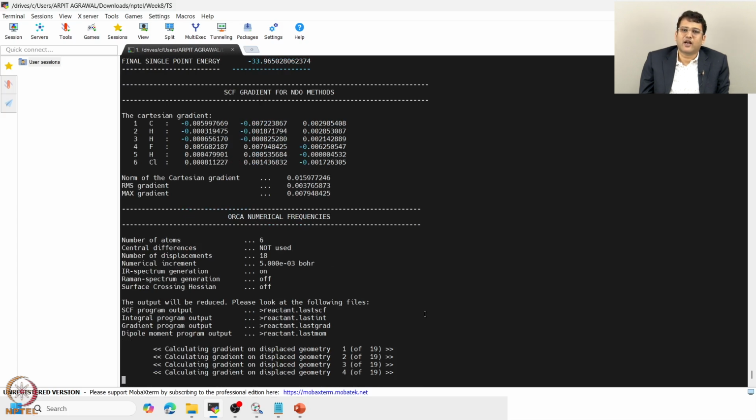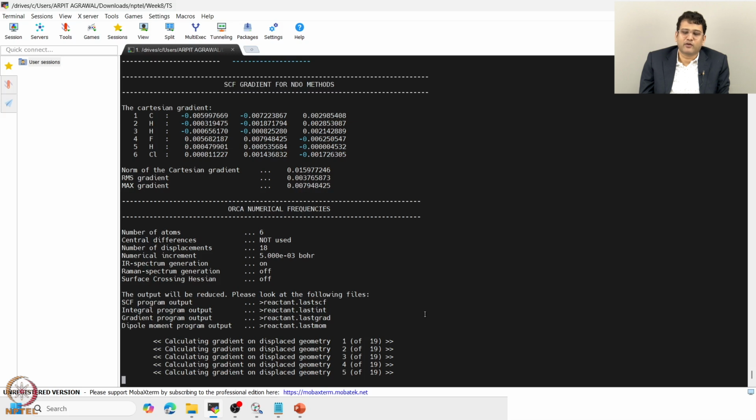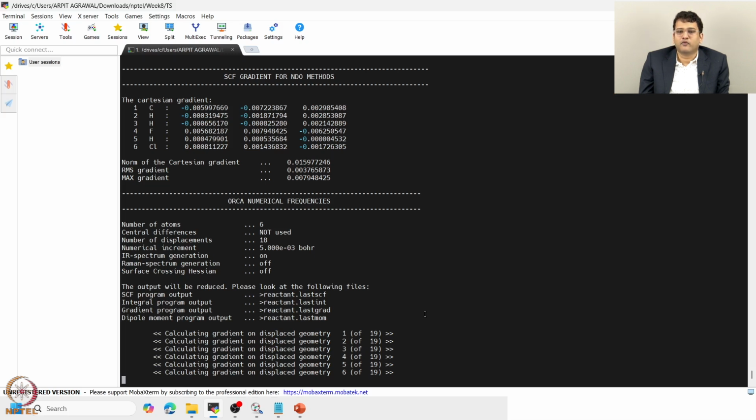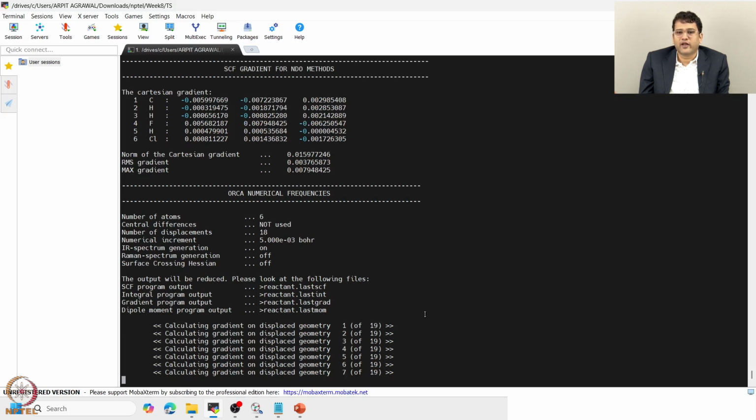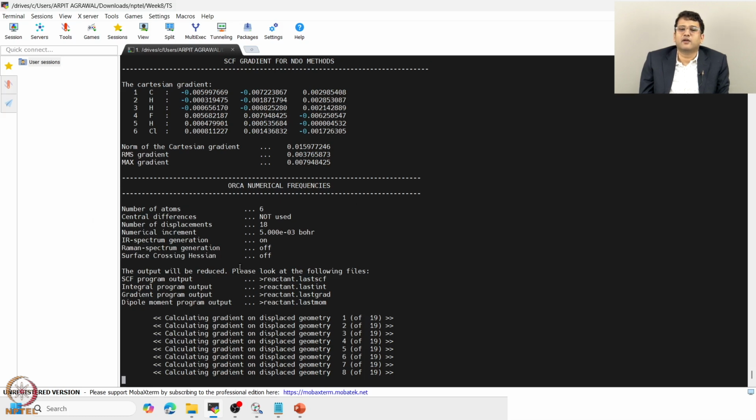Here, the way we are doing is that we are starting with the reactant, we are optimizing the structure. So I have a good reactant structure, and for the product I will change the reactant structure to look like a product structure, so that my atom order in reactant and product will be same. If the atom orders are not same, if the Cl goes, let's say, in the first position instead of the sixth position, then the NEB algorithm will not be able to find the transition state. So one has to be very careful about it.